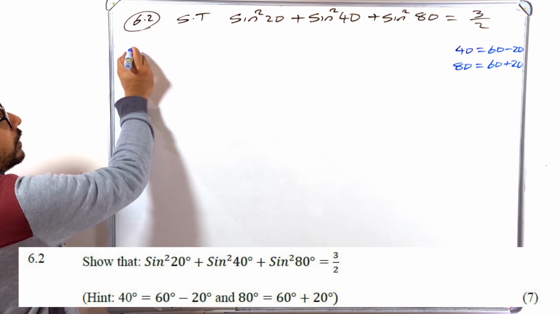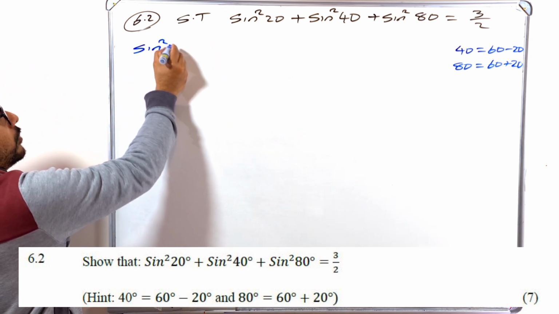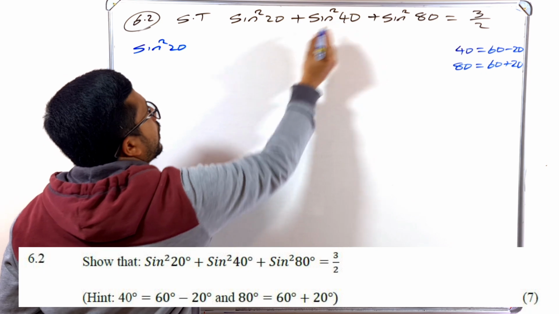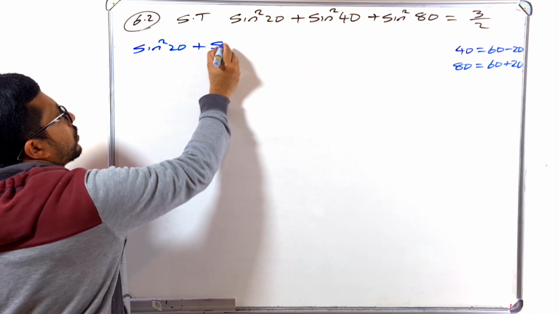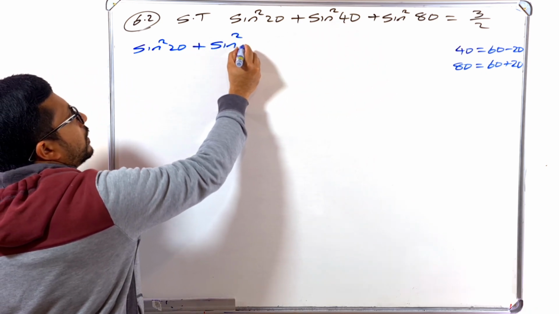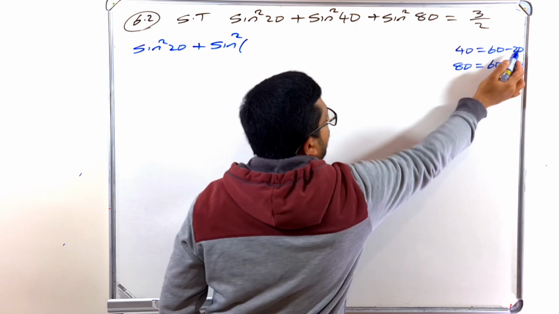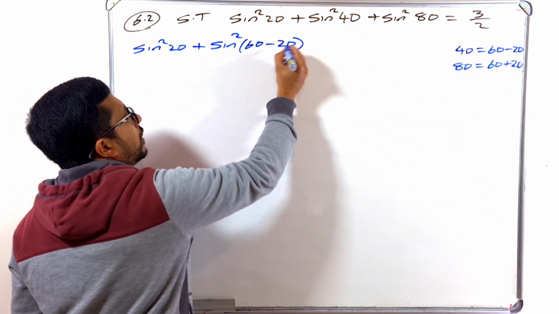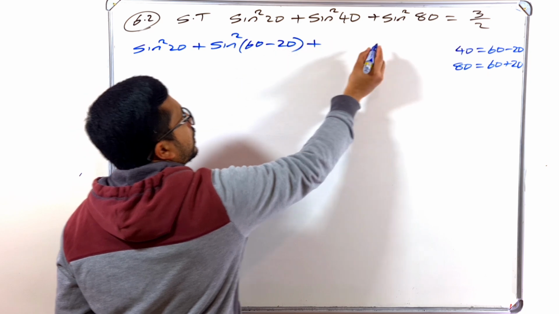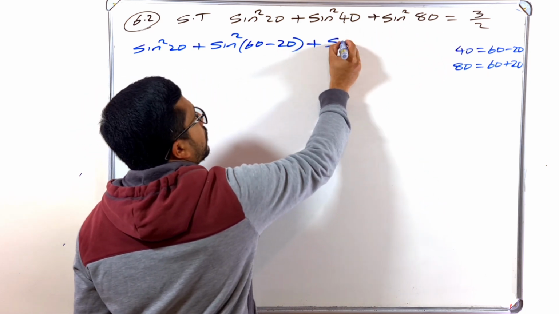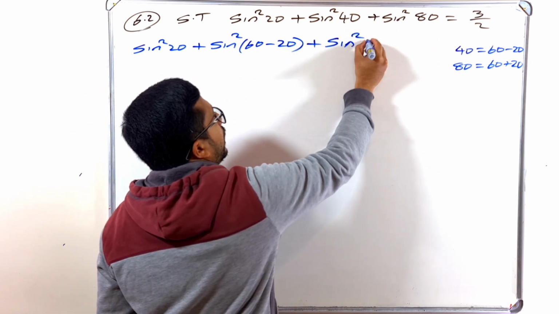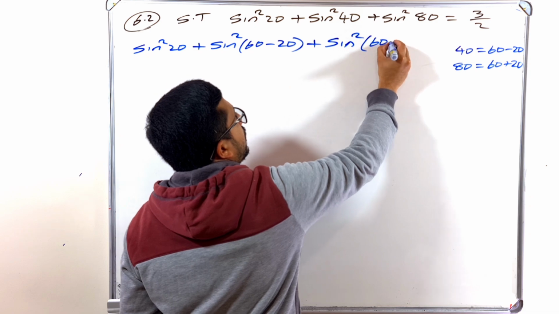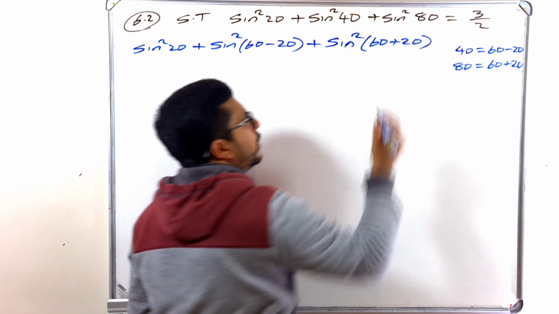So left hand side, sin square 20, this one. Then sin square 40, I'm going to write it like this: sin square of (60 minus 20), then plus sin square 80, which you write as sin square of (60 plus 20).